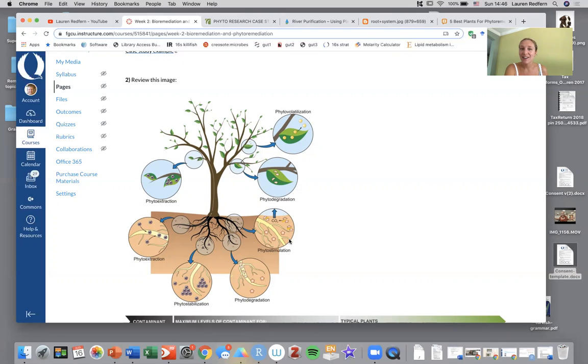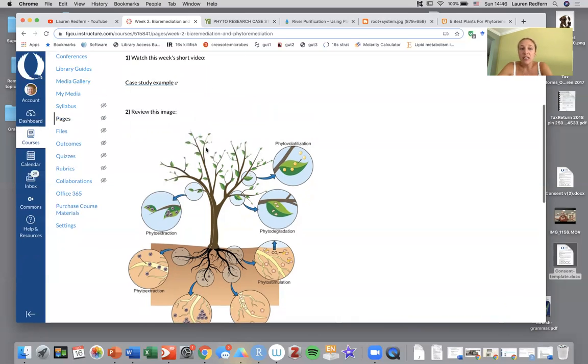One interesting fact is that at Chernobyl, where there was a huge nuclear meltdown, there's a lot of uranium in the ground, and there are plants that can survive and seem to be slowly remediating the uranium that's there. Sunflowers are a classic example of what can be used for remediating radioactive waste like uranium.